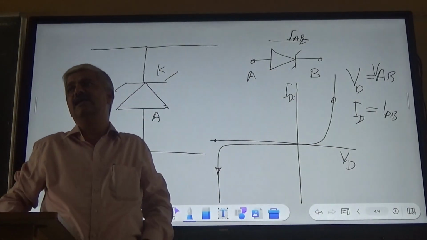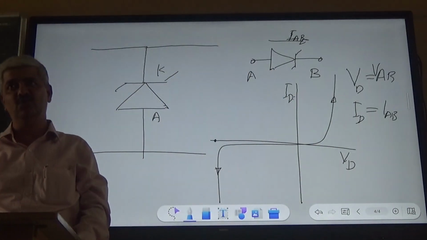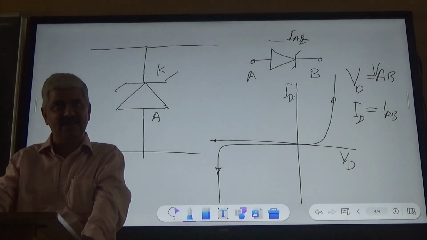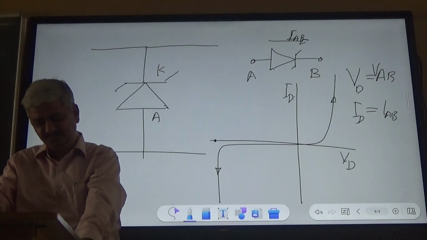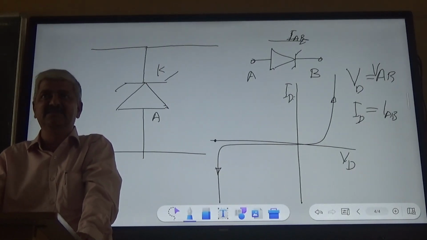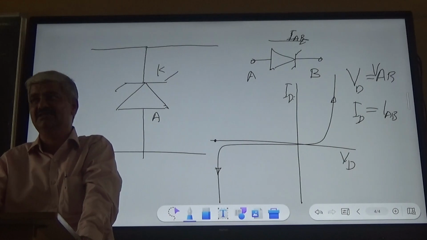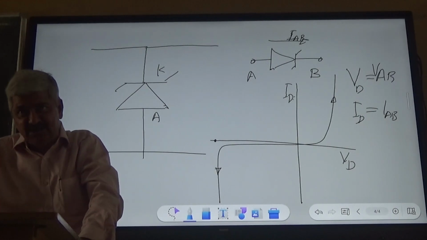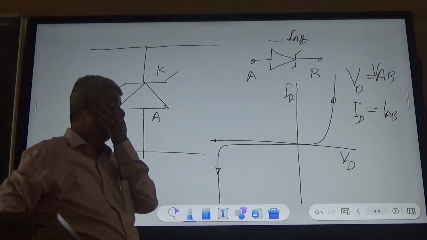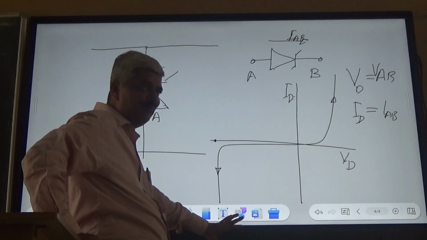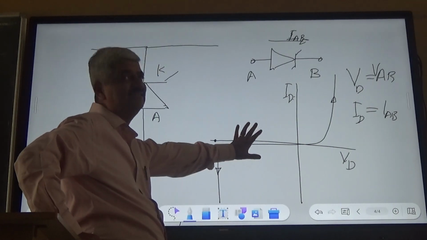Means Zener diode is like a conventional diode which operates in exactly the same manner in the first quadrant and operates in a magical manner in the third quadrant, which is the normal quadrant of interest for Zener diode. So Zener diode is that device which maintains this characteristic.